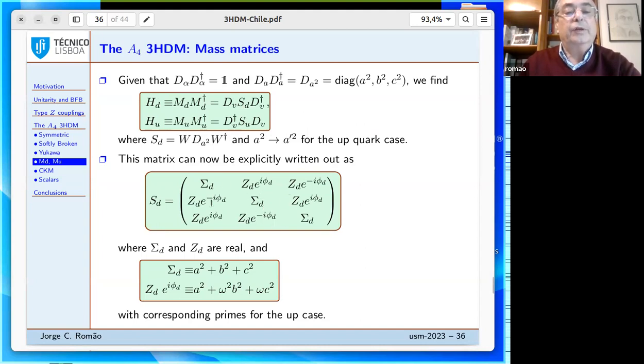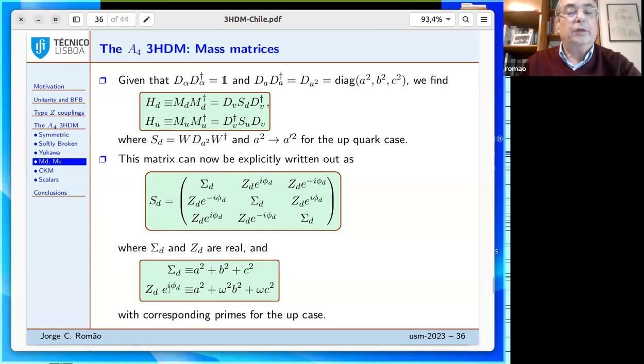We found it more convenient to write it in this form, where these sigmas, Z and phi are related to the previous parameters A, B, and C. Then instead of using A, B, and C, we use sigma D. For down quarks, we use sigma D, Z D, which is a real positive number, and the phase.